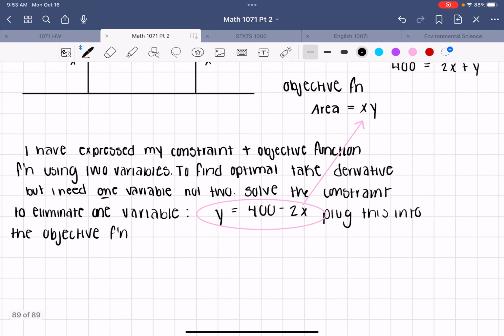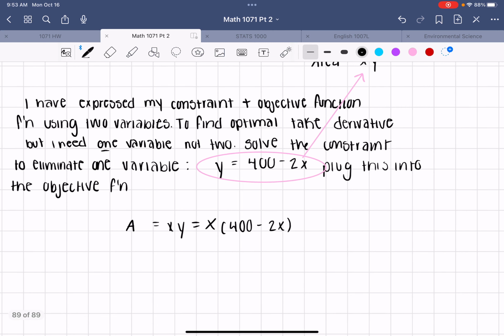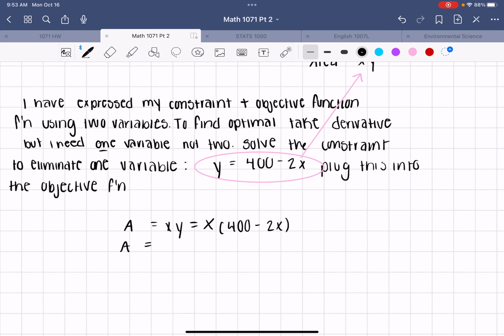But just to be sure, if that critical point is a maximum, tell me something about concavity. If this is a maximum, what do you want concavity there? Down, right? So let's check concavity. A double prime is -4, which is negative, so it's concave down.